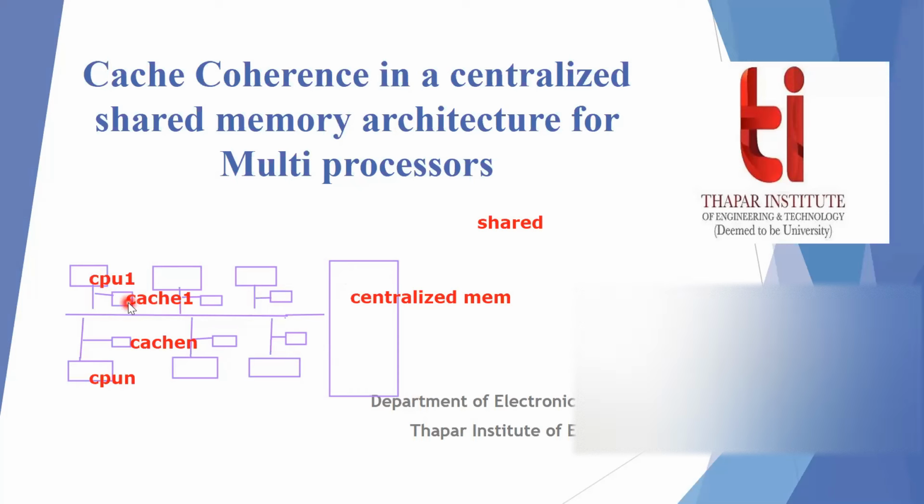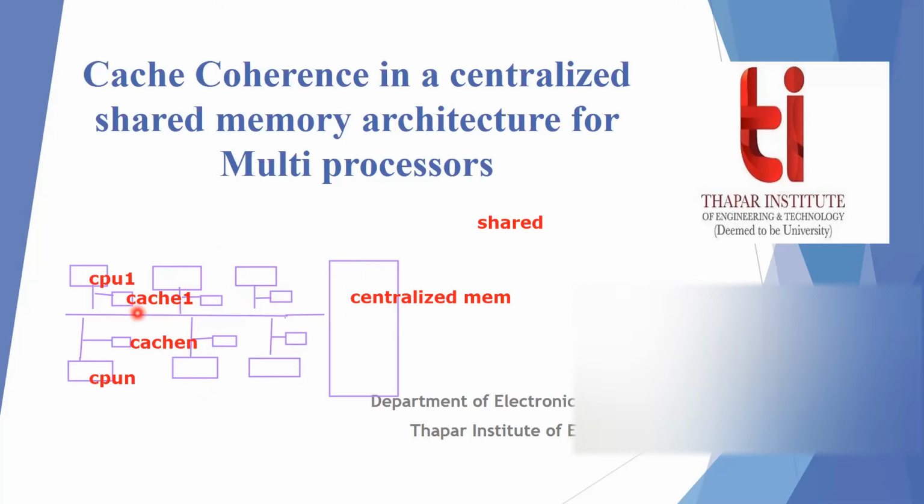But then, suppose a write operation takes place. Whatever is in cache 1 for a data item X has been brought in from the centralized memory, right? So the X item is now replaced with a new value by CPU 1, suppose. What about all other processors? Earlier, they all had the same copy of the data item X. Now, when CPU 1 has performed a write to cache 1, either it is a write back cache or a write through cache, right?